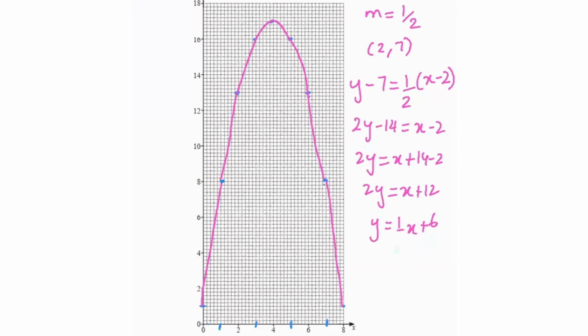So now we sketch this. We already know (2, 7) is a point on the line.